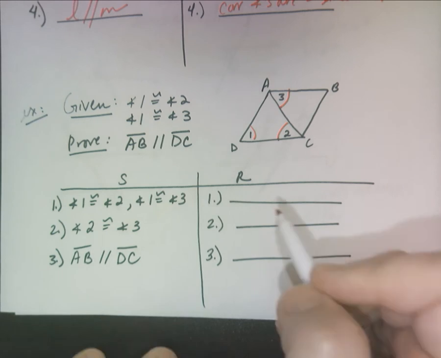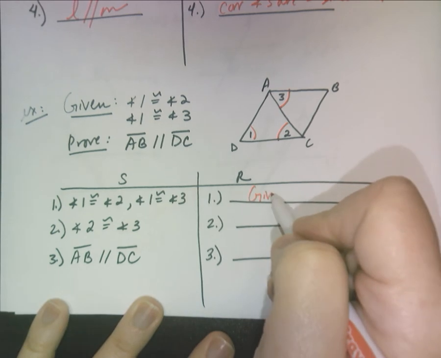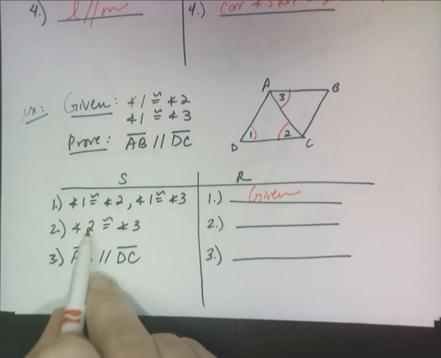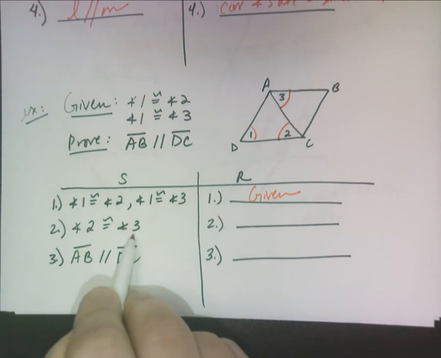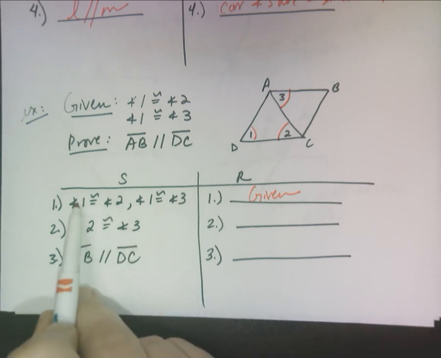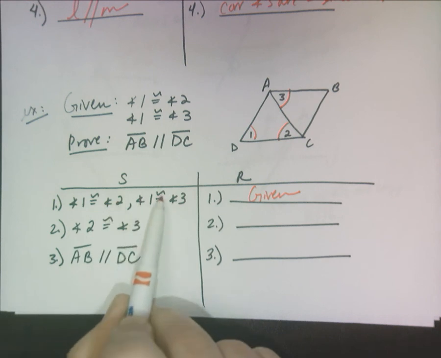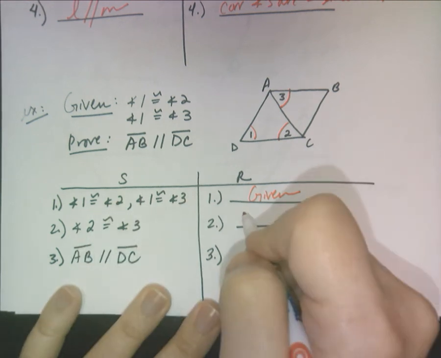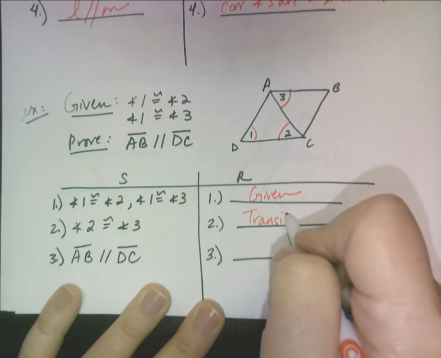Lovely. All right, so number 1, given. All right, why am I allowed to say that 2 is congruent to 3? Again, go back up here. If 1 is congruent to 2 and 1 is congruent to 3, then 2 is congruent to 3. It's that property again. It's that train. It's that transitive property.